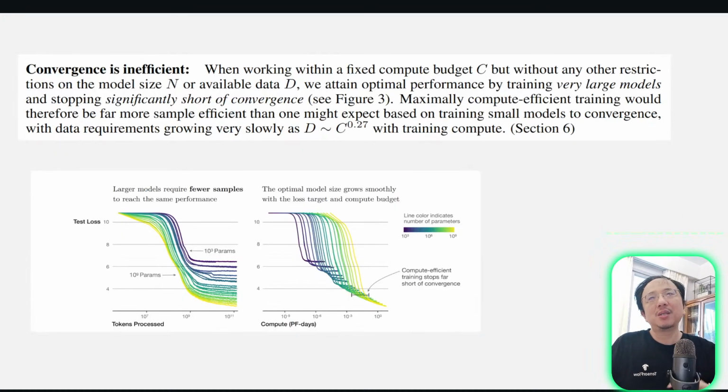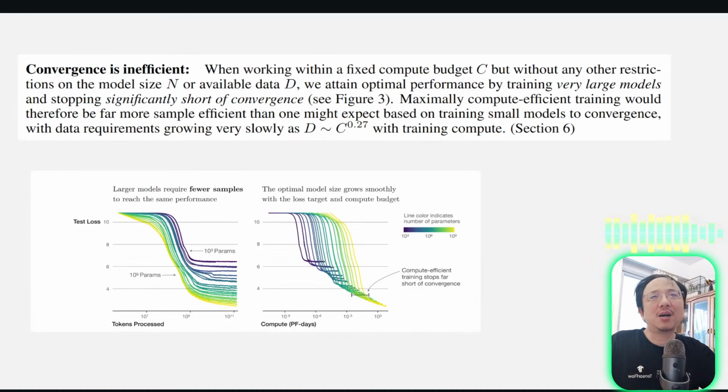However, if you have a budget restriction, you can use their formula and their experiment results to decide how much budget to spend.